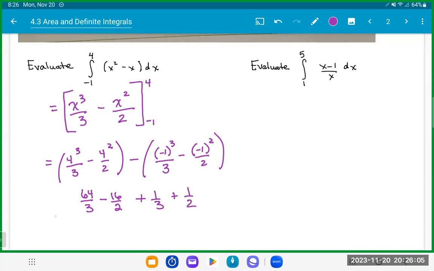When we simplify all of that, we get 85 over 6. So the area under this curve right here is 85 over 6 units. Okay. Questions?